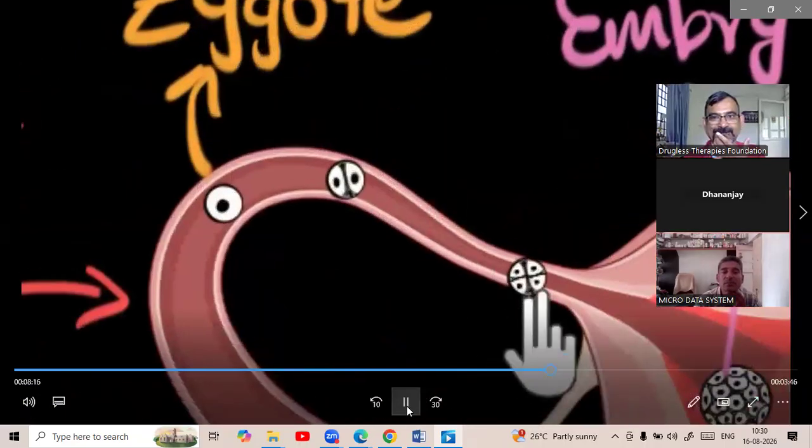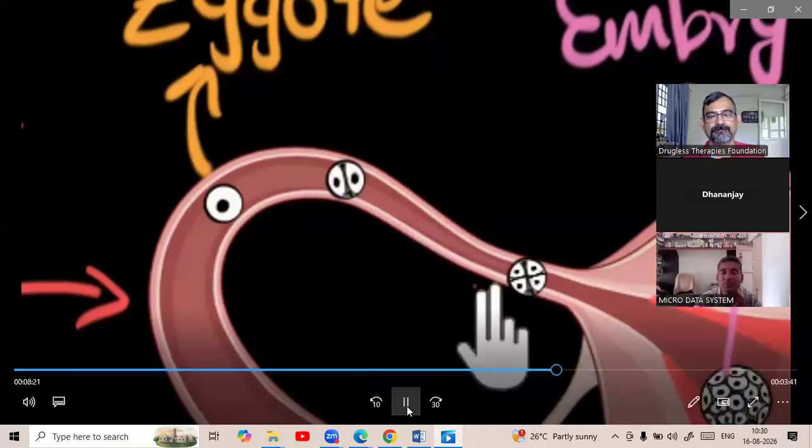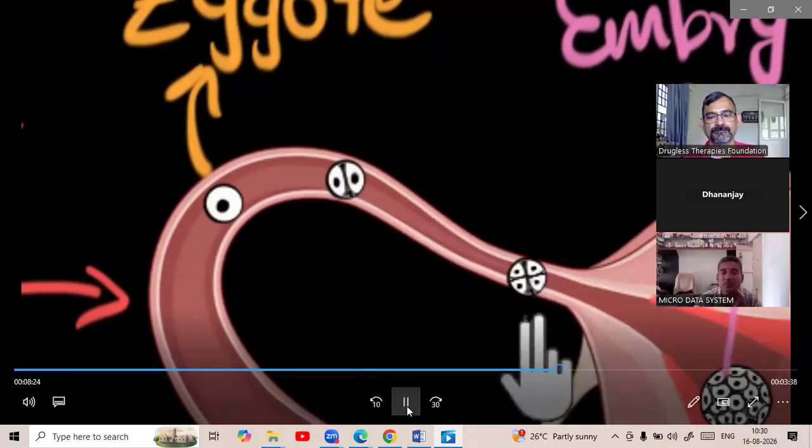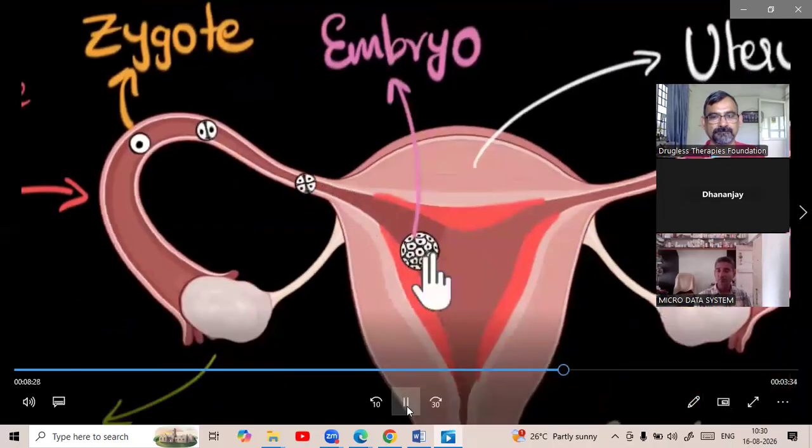And of course, over here, the eggs are shown to be much bigger than the width of the fallopian tube, just so that we can see it. Obviously, the eggs are smaller than the width of the fallopian tube. Anyways, after this, the embryo will firmly attach itself by deeply embedding itself into the thick wall of the uterus.